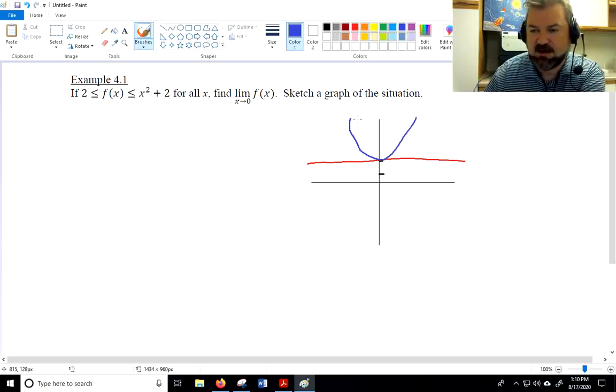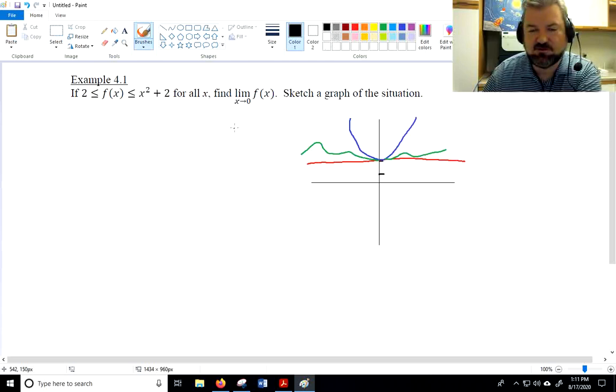Now I don't have any information about f, but I know that f is located in between these two everywhere. So I don't have the equation for f. I don't know exactly what happens there, but I know it has to stay in between the blue and the red lines. Then we can apply the squeeze theorem.